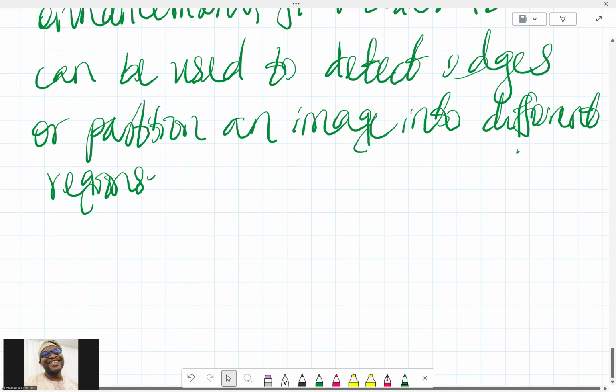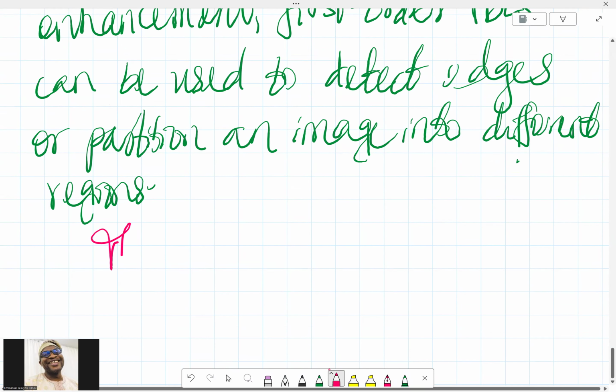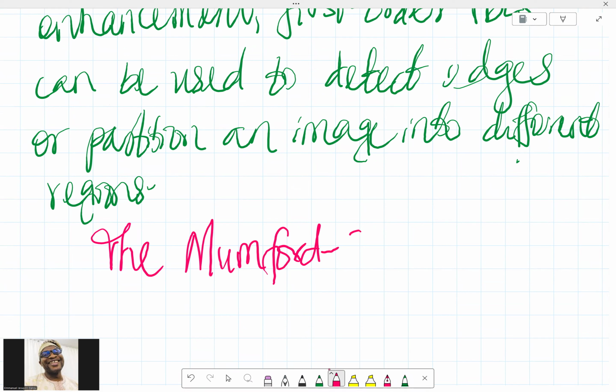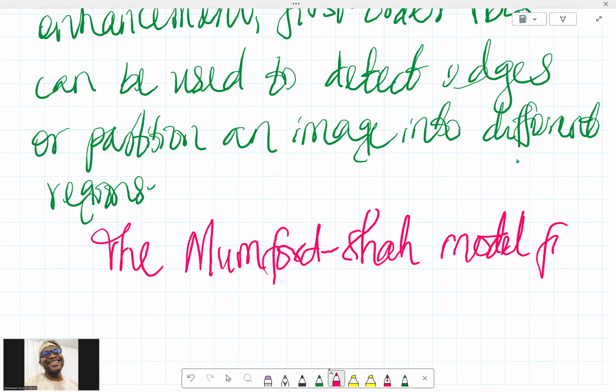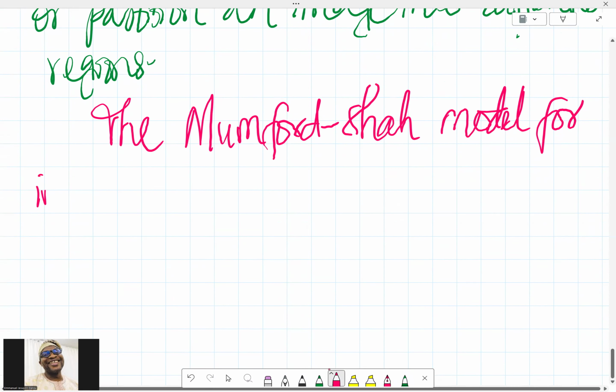Okay, so that throws up the Mumford-Shah model for image segmentation.